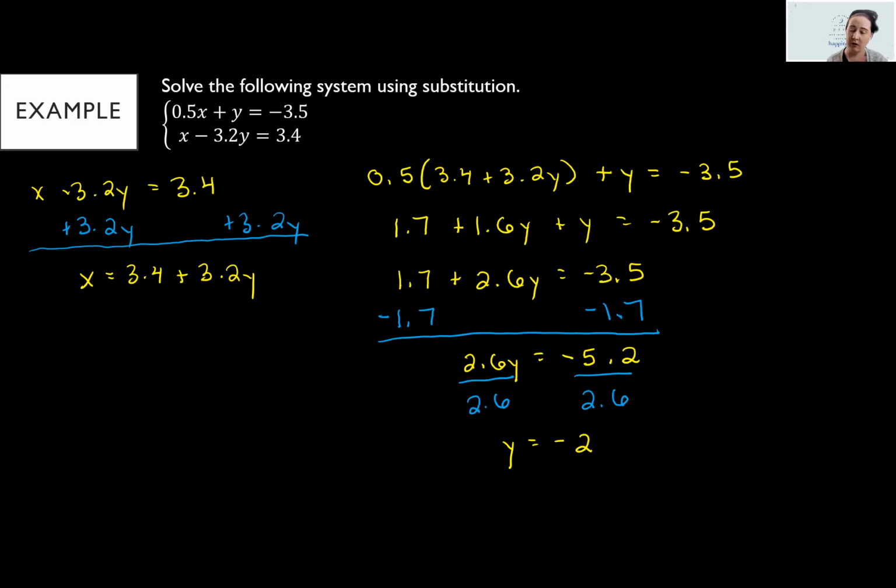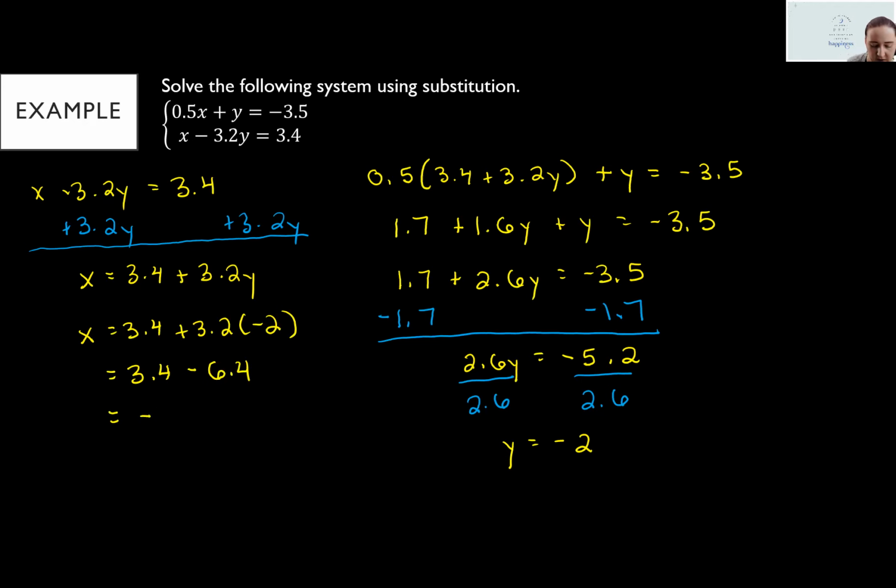So now I'm going to take that equation that I solved for x and plug in negative 2 for y. So we have x equals 3.4 plus 3.2 times negative 2. So it's 3.4, and again, I could do this in my head, but I just don't trust myself when it comes to decimals, minus 6.4.